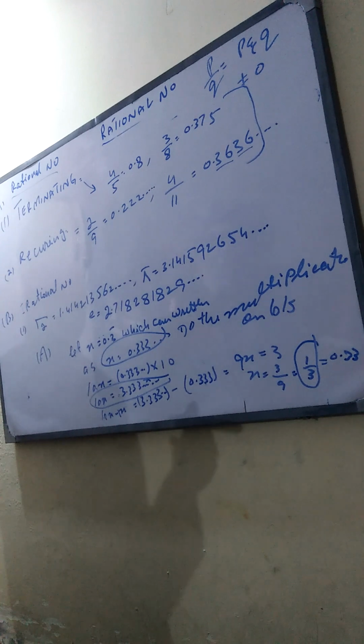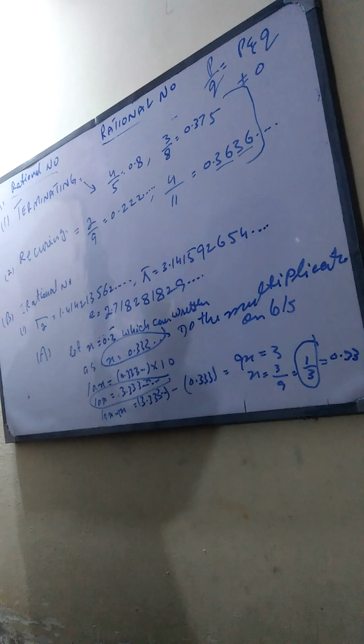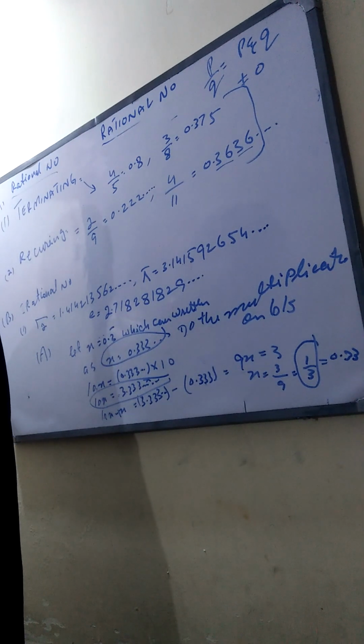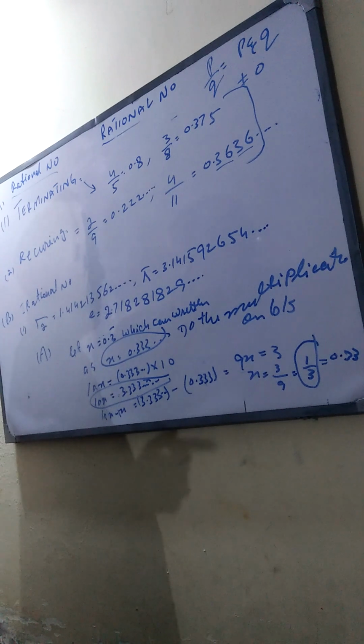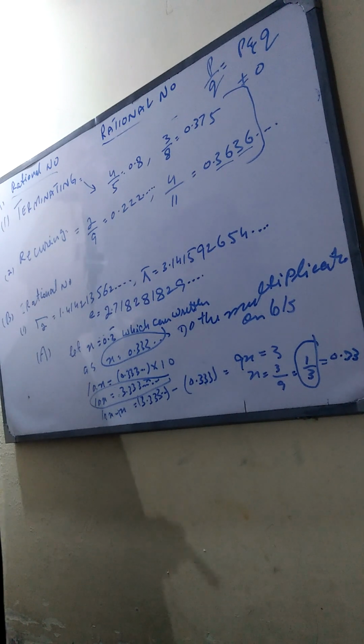Therefore, all the recurring values and all the terminating values will be rational numbers, because the values can be written in the form of P upon Q. So it is proved that all values which can be written in the form P upon Q, if they are recurring or terminating, are also called rational numbers.